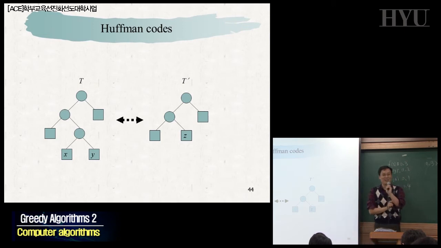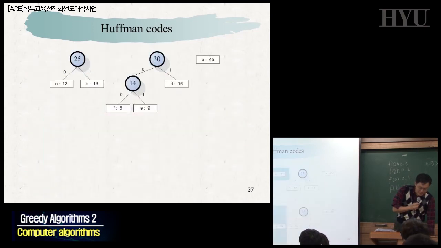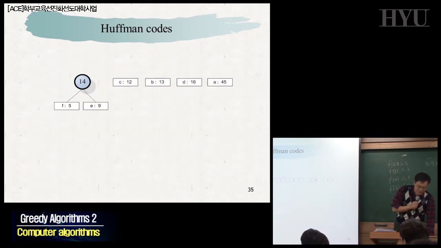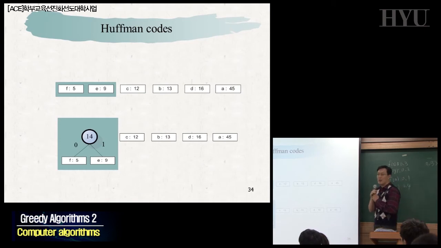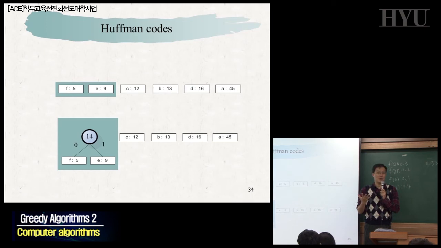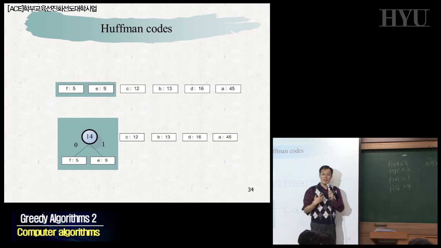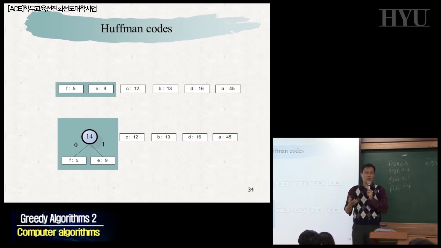Not yet. Let's go back to the algorithm. So in the first iteration, we have 6 characters. In the second iteration, we have only 5 characters. And we don't touch this subtree. So that is, we consider a different problem, a similar problem with 5 character input.